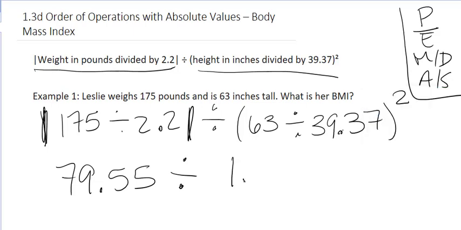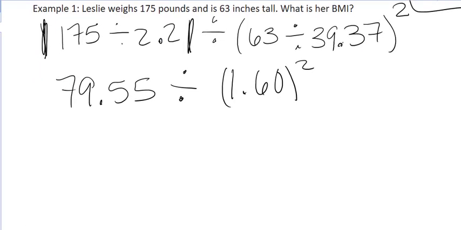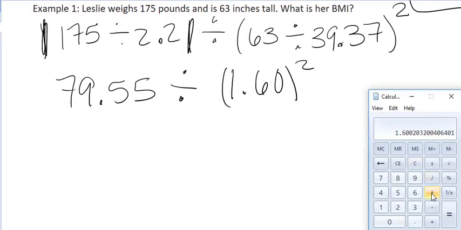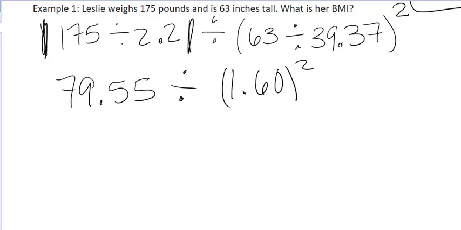So we have 1.60, and this is raised to the second power. So let's continue. So we have that times 1.6, as raising it to the second power means we're multiplying this 2 times to give us an answer of 2.56.